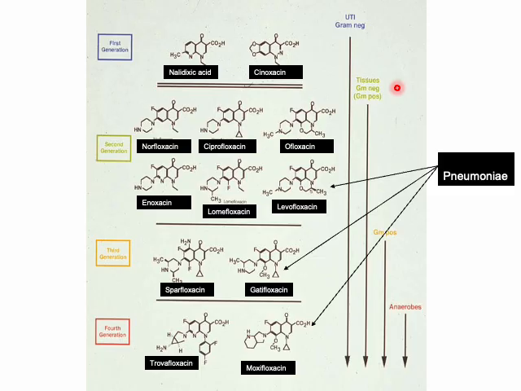How about Haemophilus influenzae, for example? And we start covering some gram-positive bacteria. In the third generation, in addition to gram-negatives, both UTI and tissues, we have better coverage for gram-positive. And for the fourth generation, in addition to this and this and this, we have anaerobic coverage.